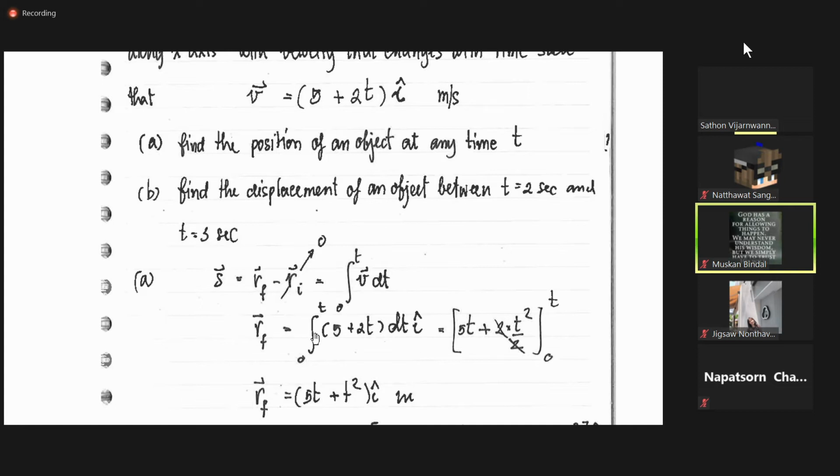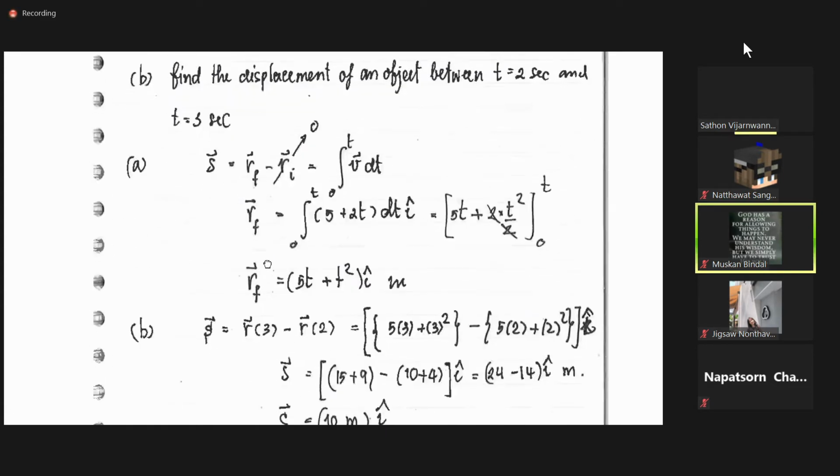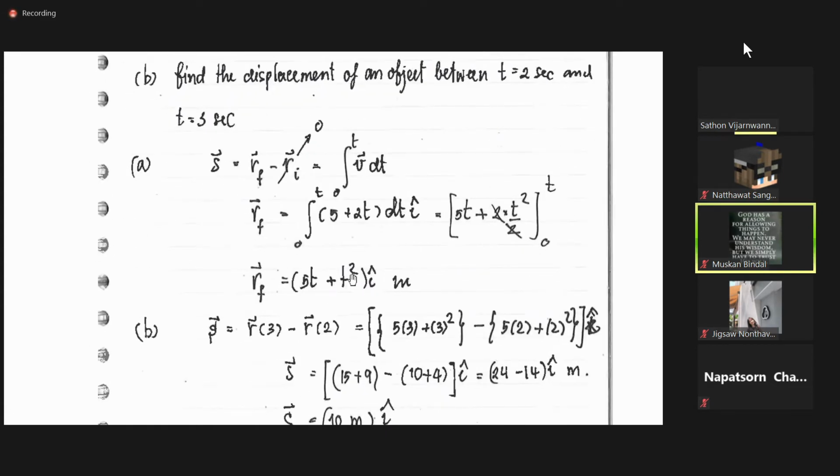So after the integration, the position vector of the object is 5t plus t squared i. That is the position vector of the object at any time. You see that at t equal to 0, it is 0, and that is the initial position.